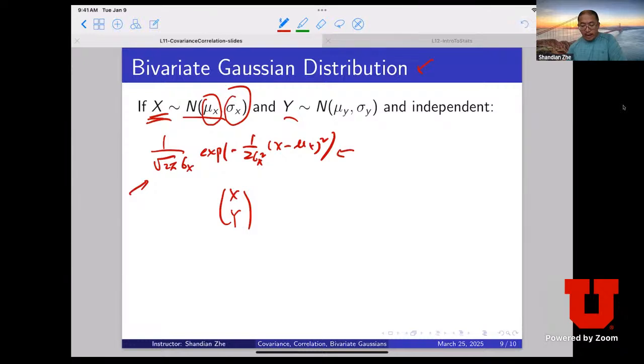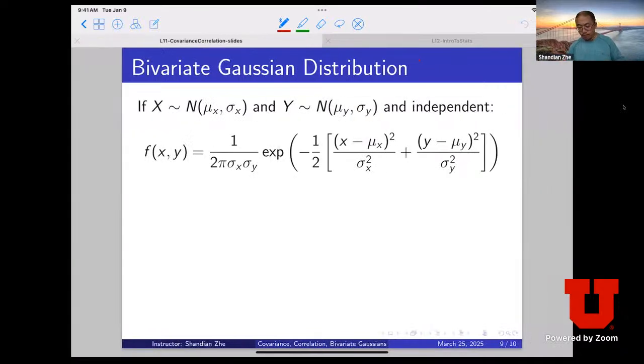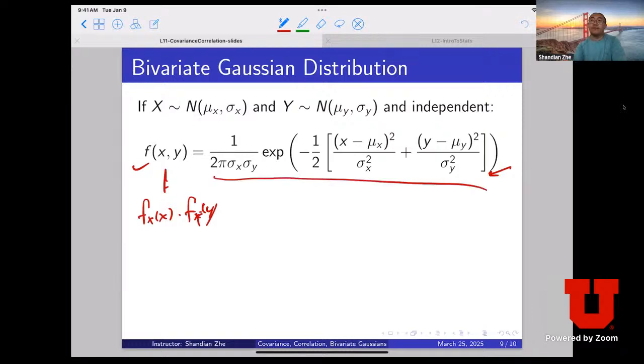When x and y are independent, the joint probability density function of x and y is simply the product of the marginal density function for x and the marginal density function for y. If you multiply them together, you see this is their joint density function.